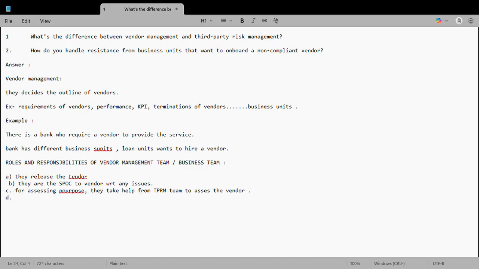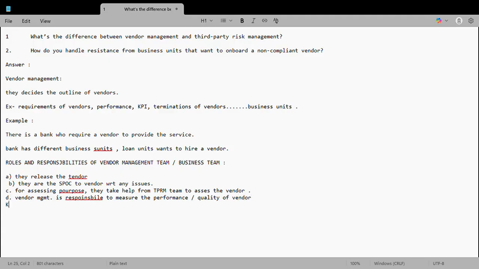After this, the vendor management team is responsible to measure the performance or quality of the vendor.